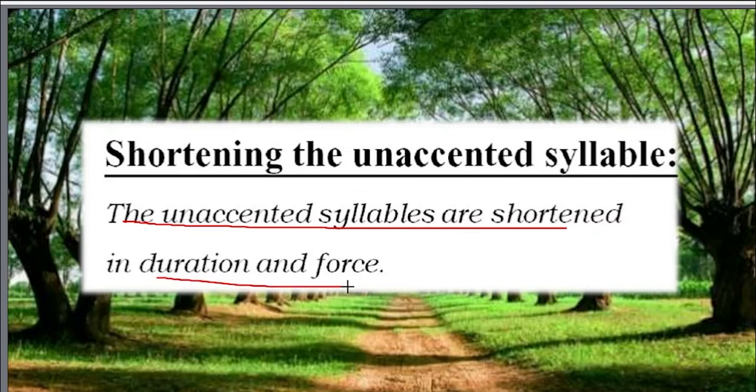When a word contains more than one syllable, it may contain 2 or 3 or 4 or 5 syllables. Only one syllable will be accented. The other unaccented syllables shall be shortened in both duration and force. Let us understand this with the help of examples.